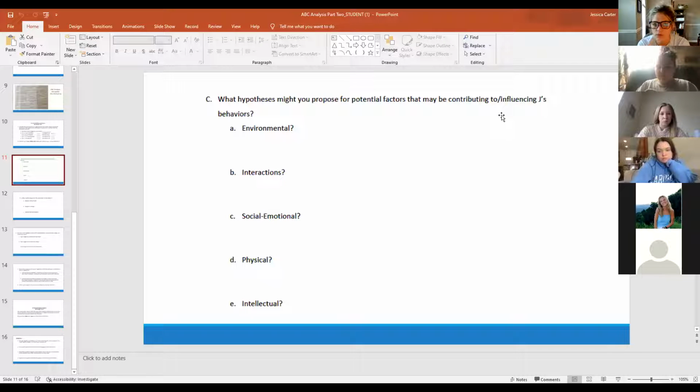What about environment? What might be happening in the environment that could contribute to all of this aggression related to materials and negotiating materials? I think what I noticed is that the instrumental aggression in our assignment took place during free time.